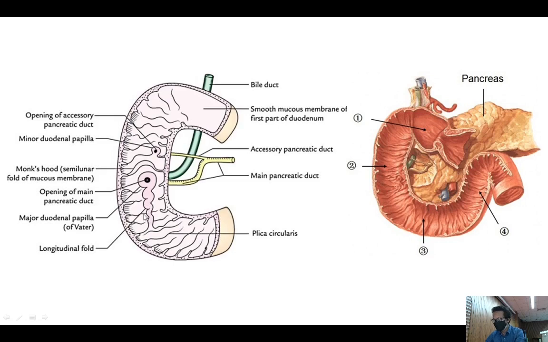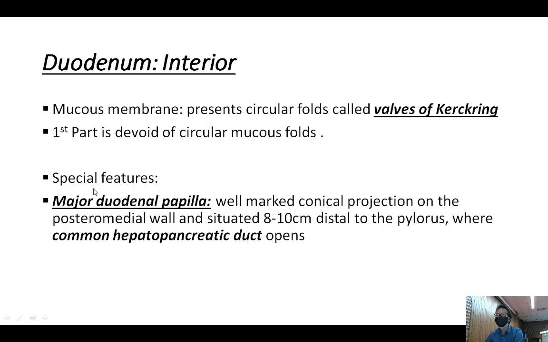Now let's go through some of the special features of the interior of the duodenum, some features which I have just mentioned. I'll go through the text. Major duodenal papilla: this is a well-marked conical projection on the posteromedial wall, situated 8 to 10 cm distal to the pylorus, where the common hepatopancreatic duct opens.